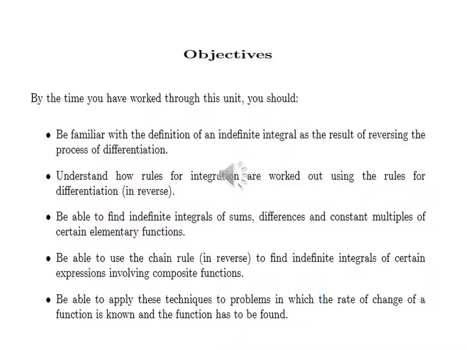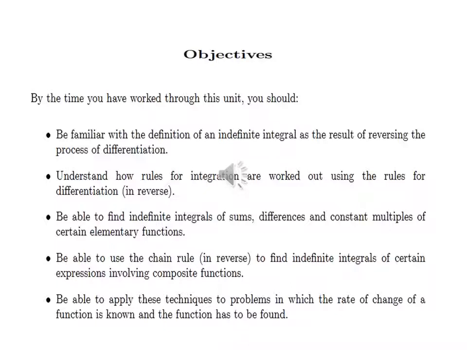Number 2, understand how rules of integration are worked out using the rules for differentiation in reverse.